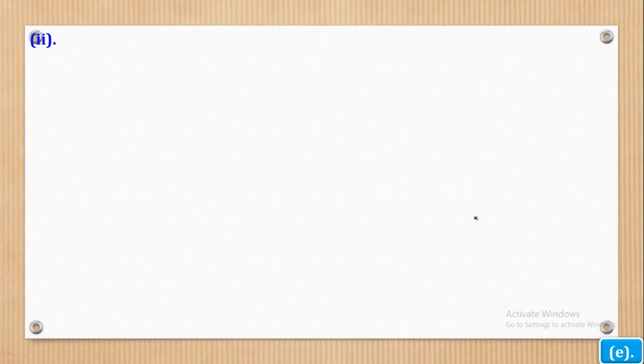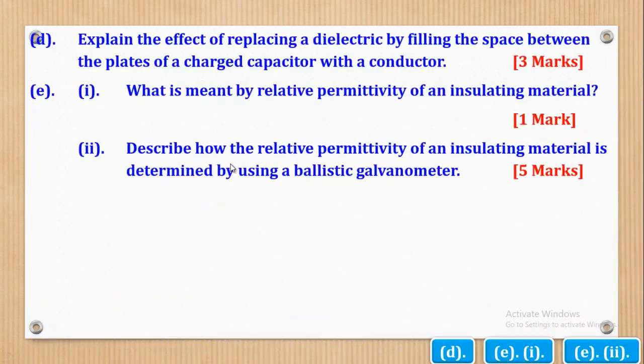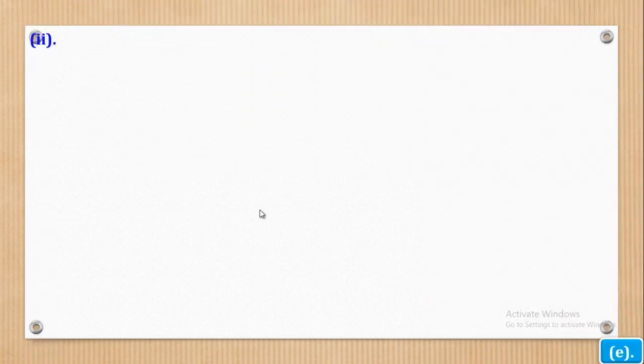So now we shall go to part E Roman 2. Part E Roman 2 says, describe how the relative permittivity of an insulating material is determined using a ballistic galvanometer. So we shall also need the circuit diagram.